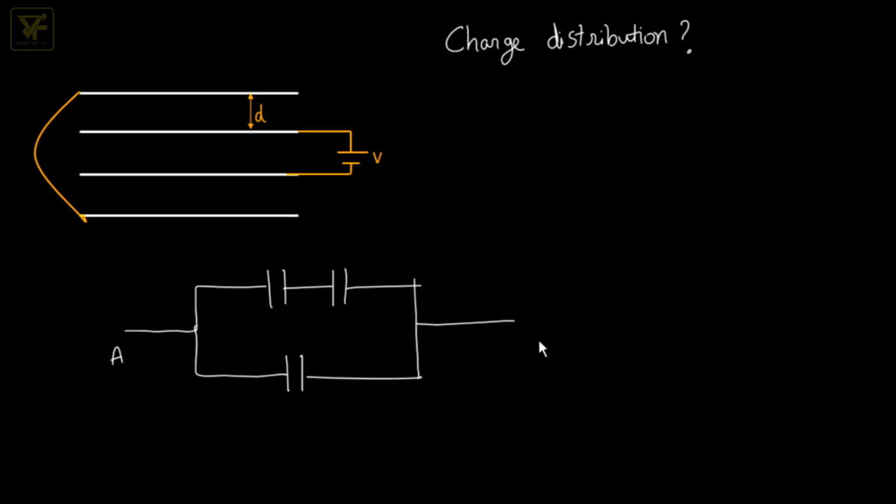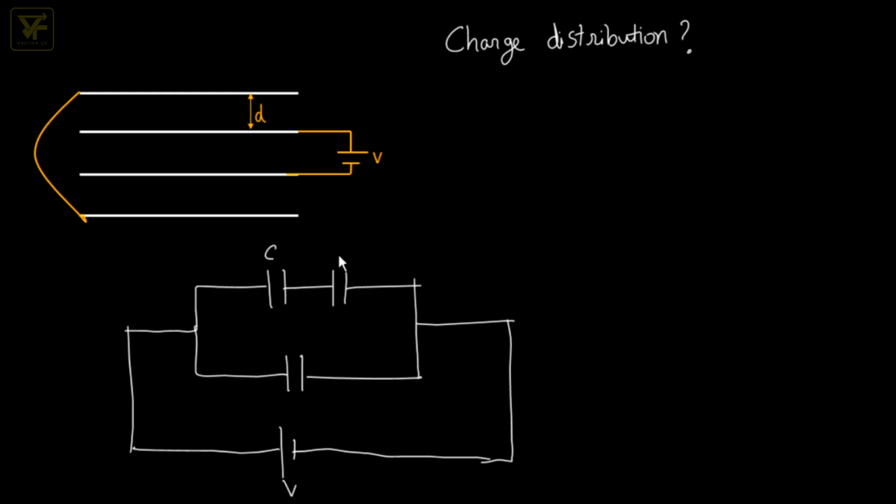This is A, or the battery is connected across this one. Okay, this is V. All the capacitors are C, C, and C.